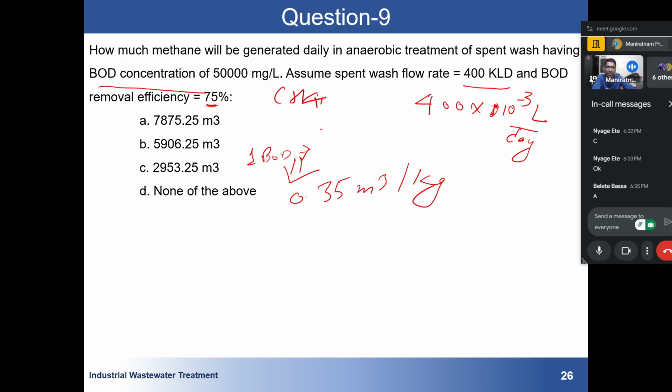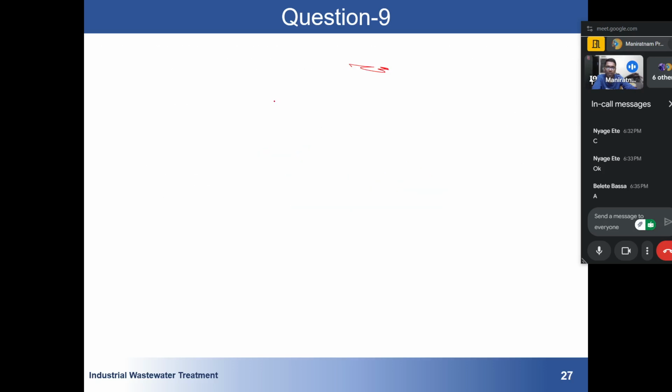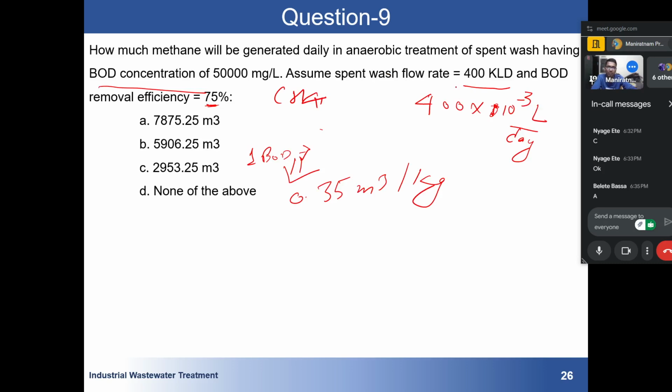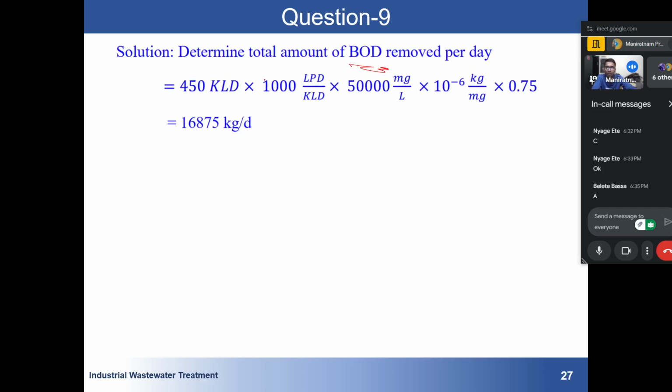There is one mistake here. It will be 450, not 400. In the question there is a mistake. You can see 400 kiloliter, I have changed into liter per day, that's why multiply it by 1000. Into 5,000 milligram per liter.